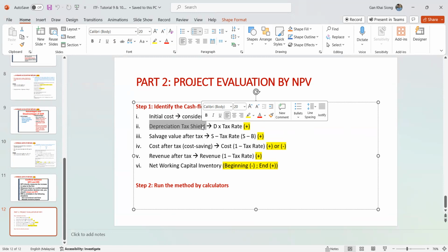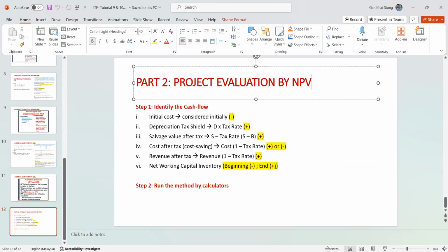So when you record your depreciation expense, it will reduce the amount of tax you have to pay. So this is like a tax saving from depreciation, and we call it depreciation tax shield. Is it a good thing? You save money, so it's positive. Remember the sign first, or else once you get it wrong, the whole thing will be gone.